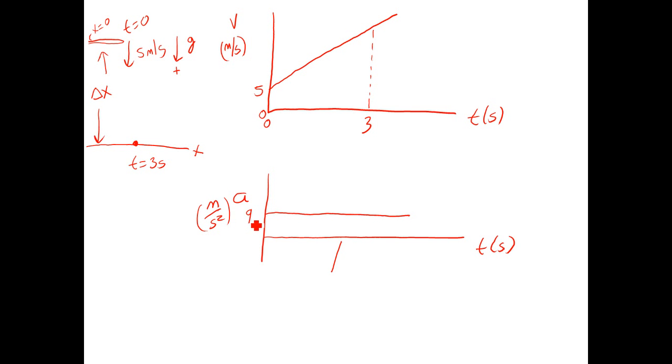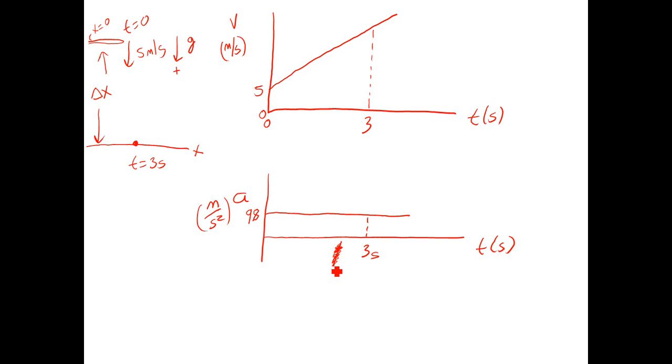And this is 9.8. And we can identify in here where 3 seconds is. Don't mind this little line here. I don't have an easy way to erase right now. So there we've drawn two graphs that are modeling what is going on.